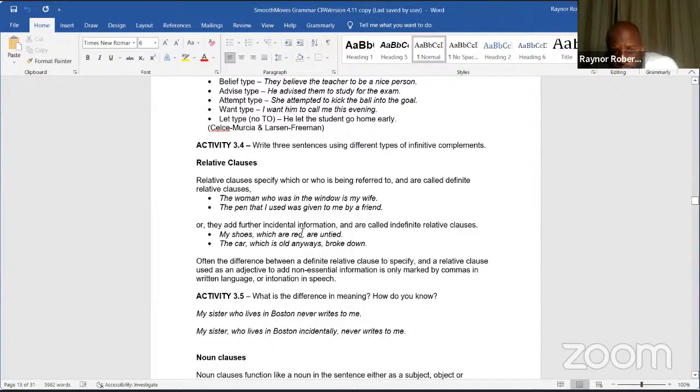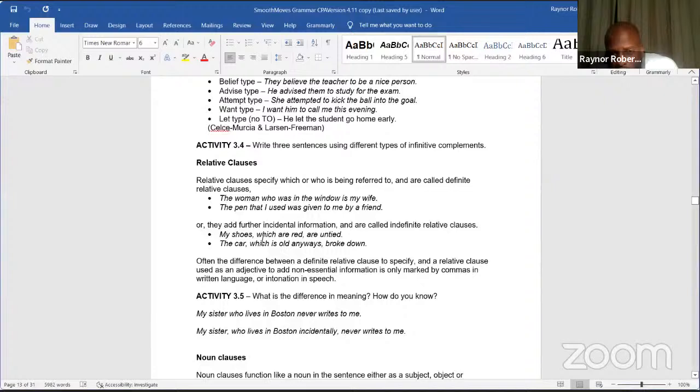Or they add further incidental information. So you can call them definite clauses, restrictive clauses, non-restrictive clauses, or indefinite relative clauses. Not a big deal. The key is that if we see the two commas there, or the comma in front of the relative clause, we know that clause is non-restrictive.